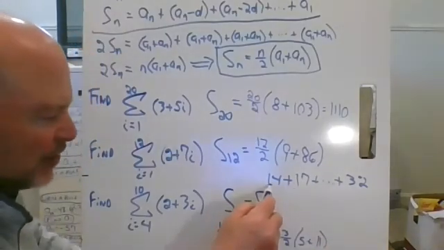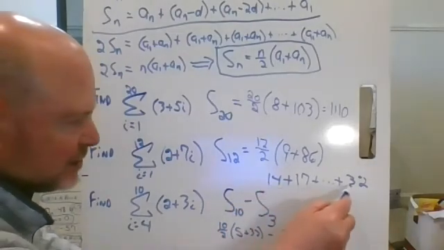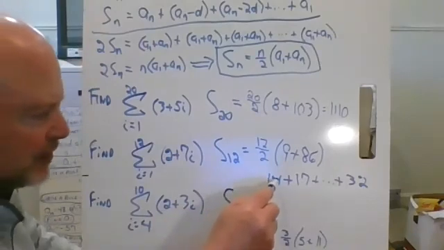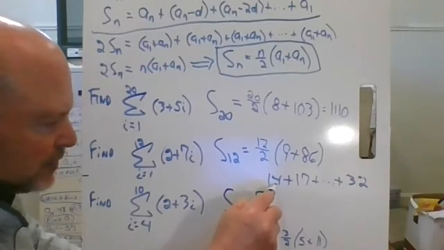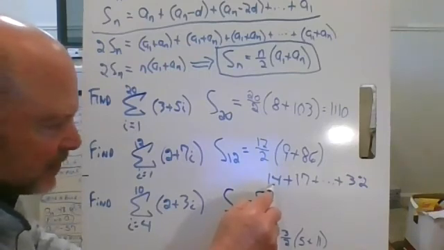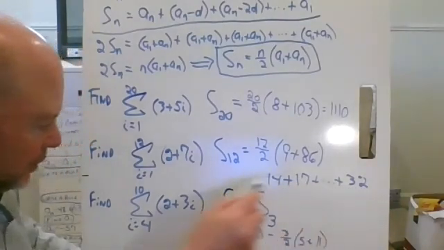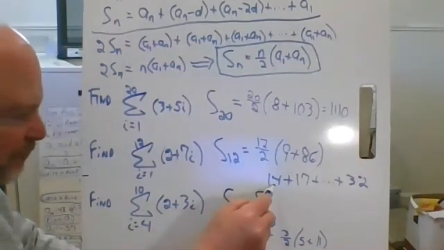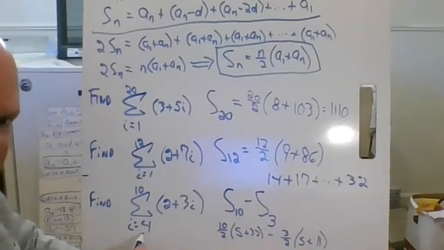And now how can you use S sub n to add from 14 to 32? Now you treat this thing as the first term. You treat 14 as your a sub 1. How many terms would there be? Well, the i equals 4 is becoming your first term. So that's 3 less.